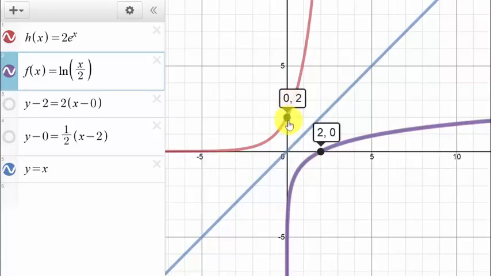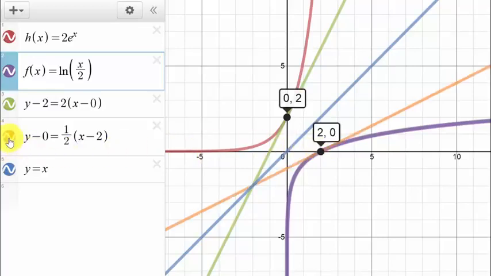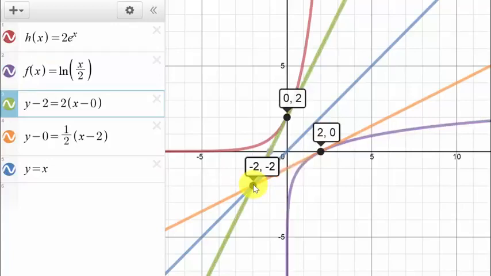Now, I've created the equation of the tangent line for this graph, and I'm going to plot that, and you can see that it goes through that point. And if I plot the tangent line of the other graph, I get 2 lines that intersect on y equals x, and if you look at the slopes of these 2 lines, they have to be reciprocals because of this intersection point.